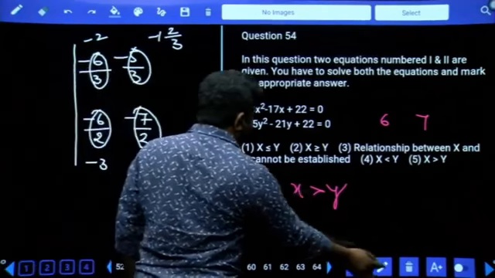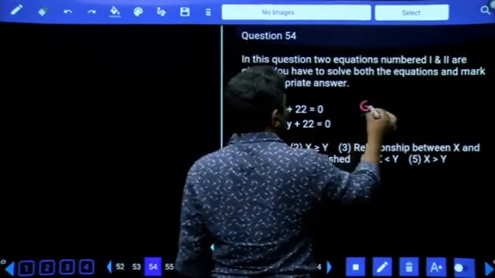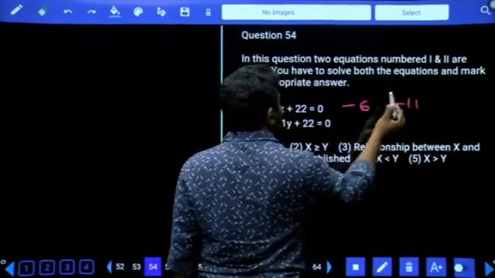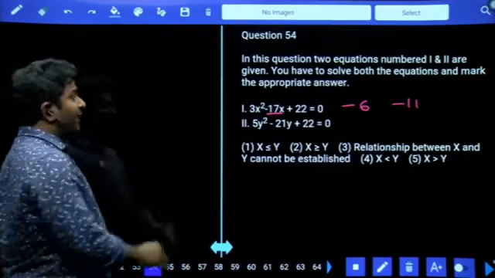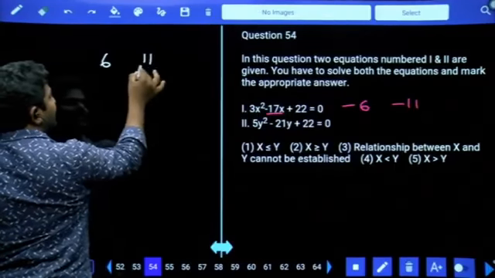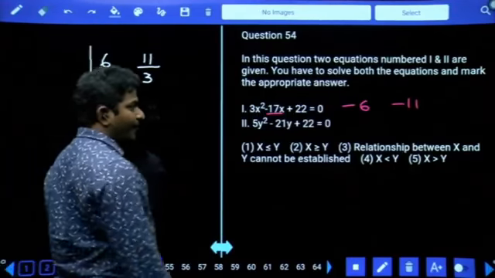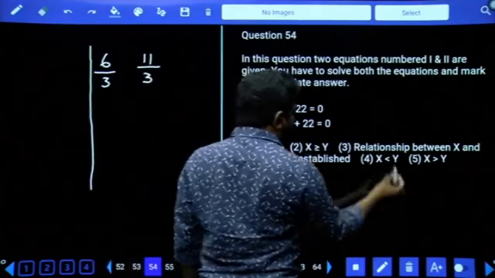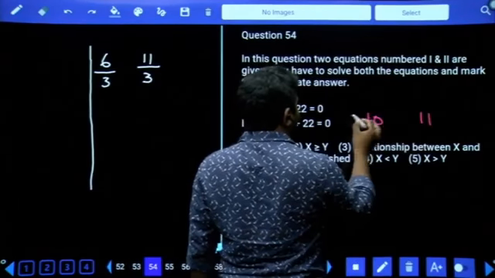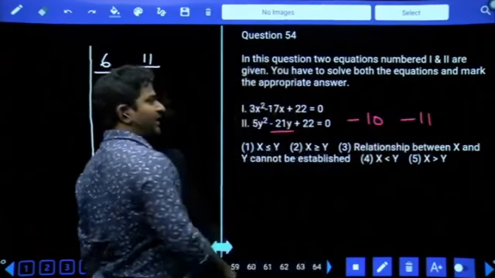3 into 22 is 66, which can be written as 6 into 11. Minus 6 minus 11 is minus 17. Factors are plus 6 plus 11 divided by the coefficient of x square, 3. 5 into 22 is 110. 10 into 11, minus 10 minus 11 is minus 21.